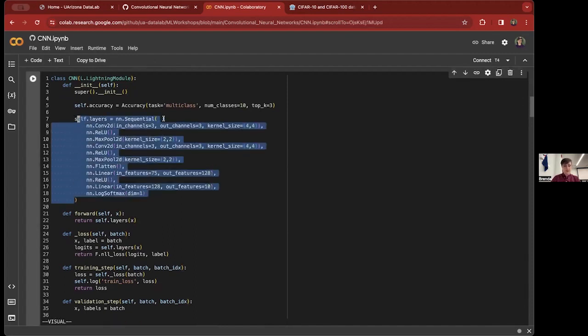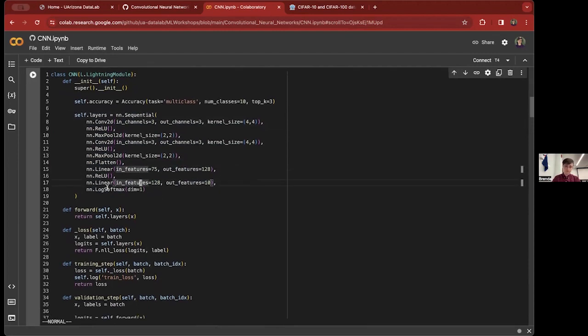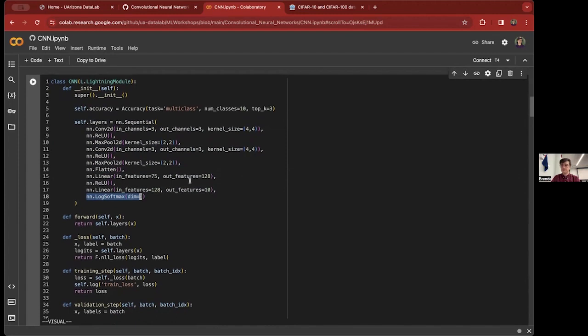This is a very, very simple CNN. It has one convolutional layer followed by a pool, a second convolutional layer followed by a pool, and then we flatten it and put it into a 2-layer fully connected neural network. And then this softmax takes the output of the fully connected neural network and turns it into a log likelihood for our loss function.